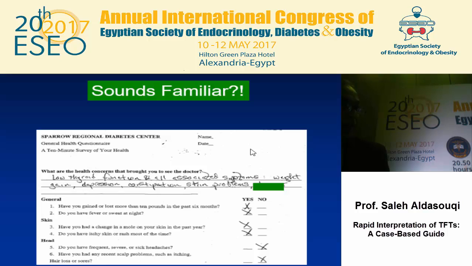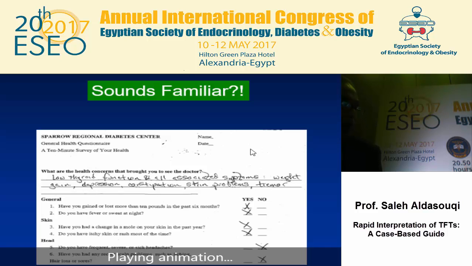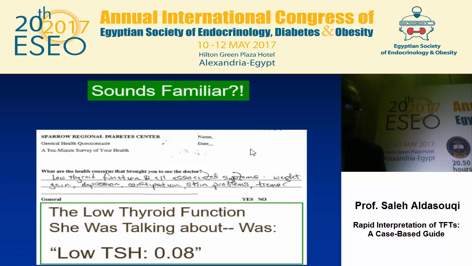Interestingly, she put the weight problem, skin dryness and fatigue, etc., together with tremors, which doesn't make sense, right? They don't go together. And what she's talking about, her thyroid being low, is this being low. So that tells you the lack of education and the lack of understanding of thyroid function tests amongst our patients.